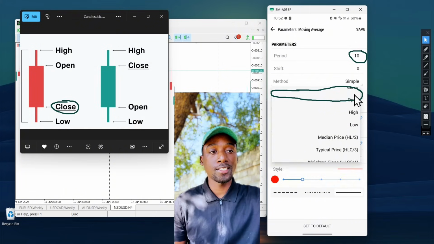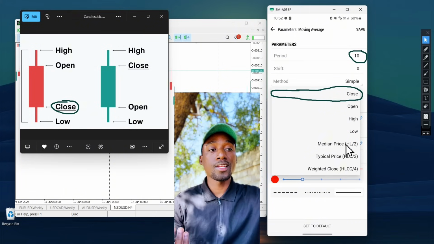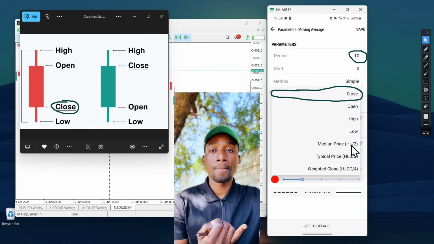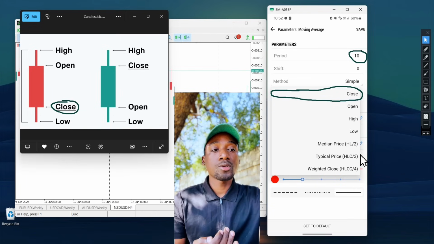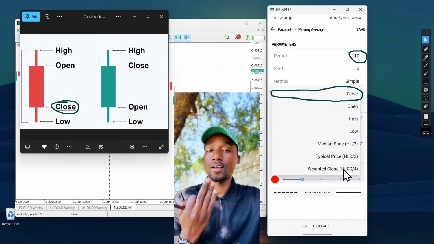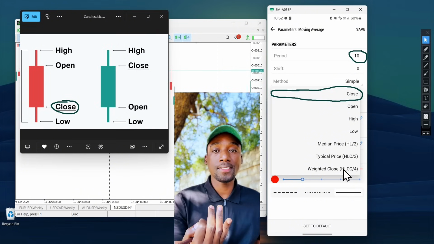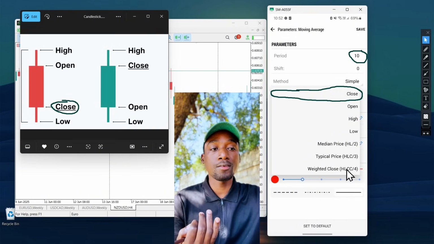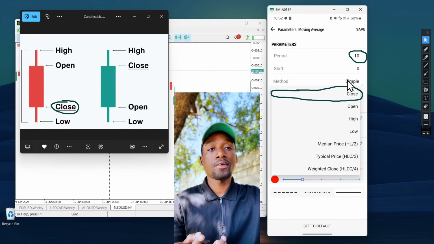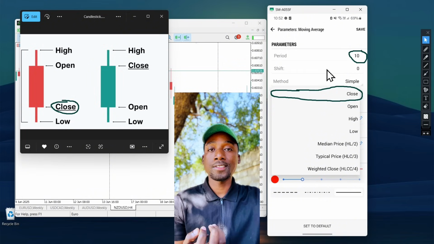If you like, you can make the indicator count the high price, the low price, the close price, or count all four parameters of this candlestick. Simple. So now the moving average is counting to find the average price to determine whether we're buying or selling.